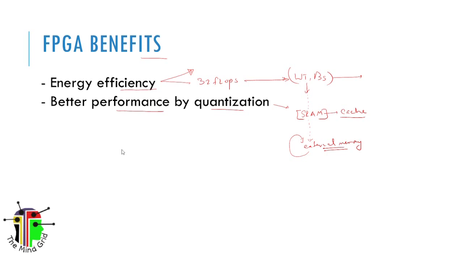FPGAs definitely are more customizable than a GPU. You can build exactly the ALUs that you want. You can build your own SIMT instruction. You can build your own cores and the cache lines in the caches, the L1 cache, L2 cache, etc. You can build them exactly to your specification, and thus achieve better energy efficiency.